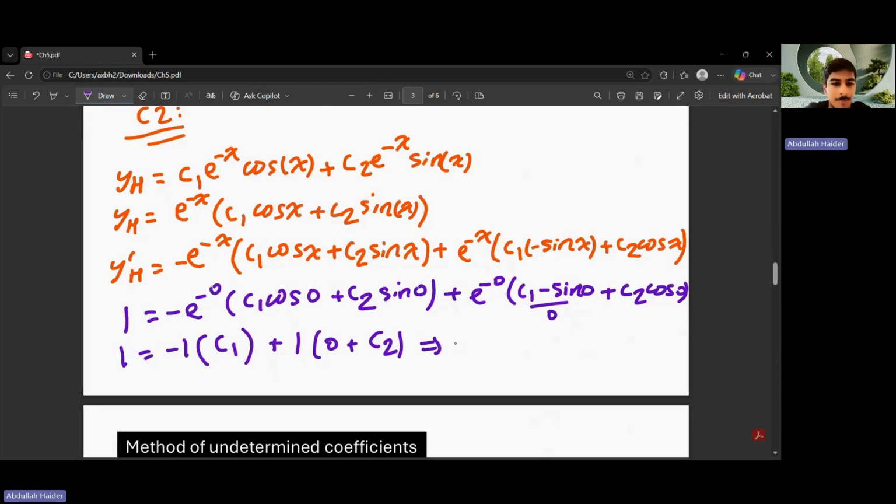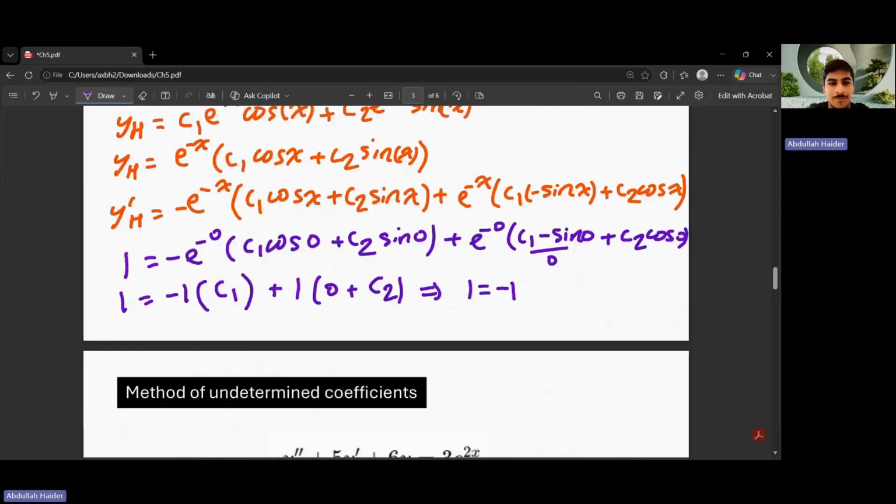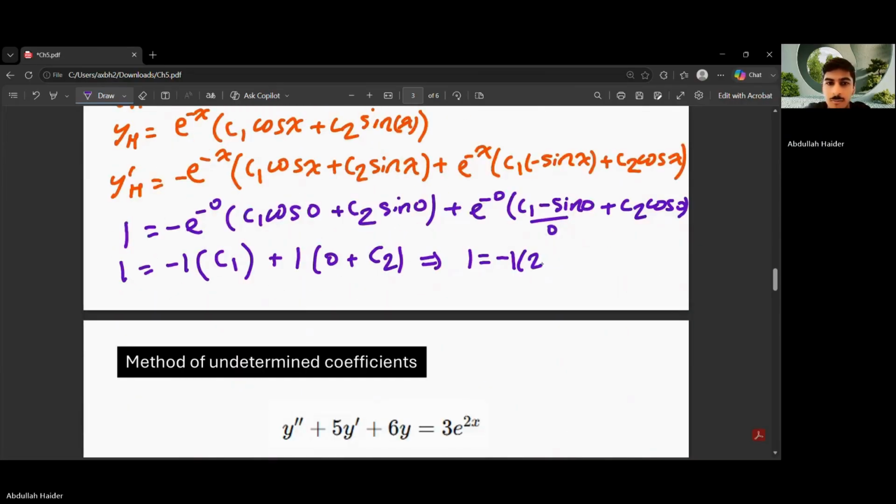Now we found C1 from here. C1 is 2, so 1 equals negative 2 plus 1 times C2, and our C2 will be equal to 3.